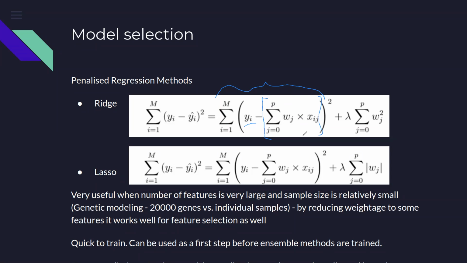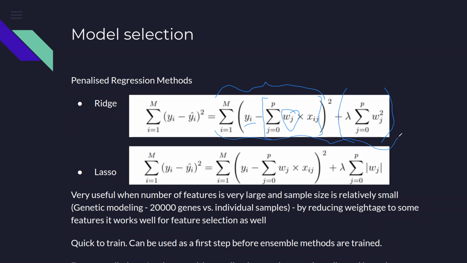Now in the process, to this difference, to this error, I add another component. So I'll compute my error not just based on this formula, but I add another component: I take the square of the weight, multiply that with another factor called lambda, and then add it to the error.